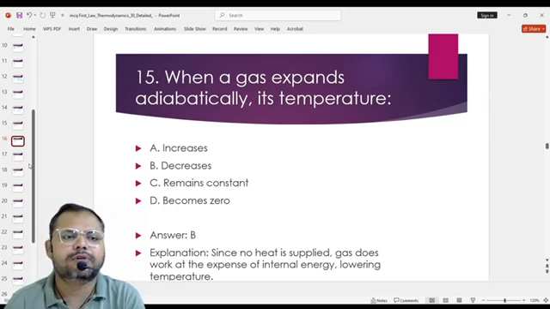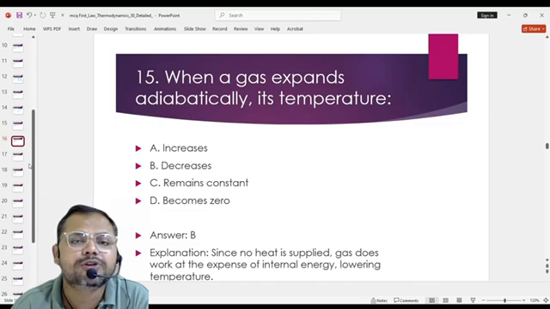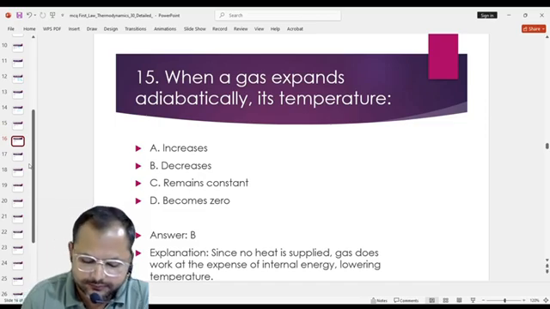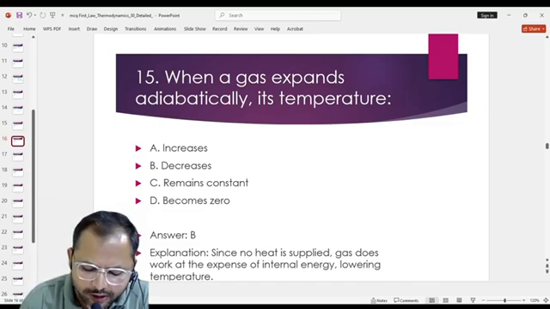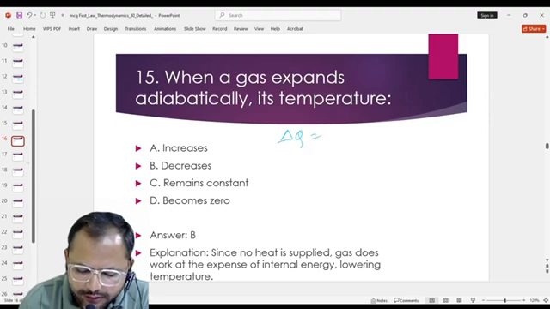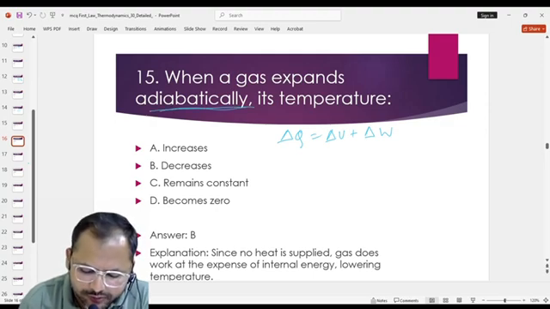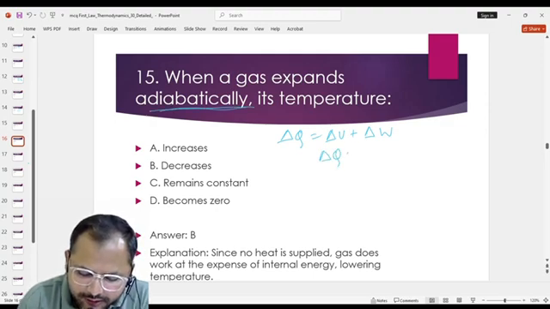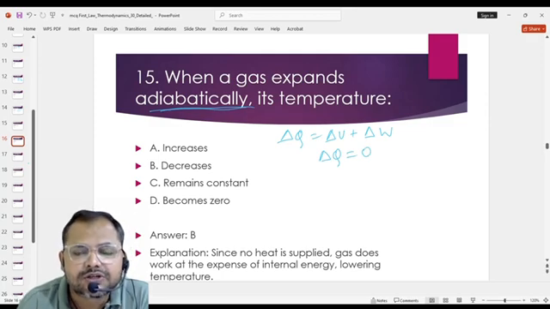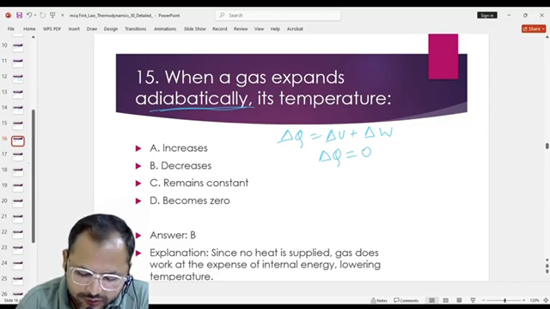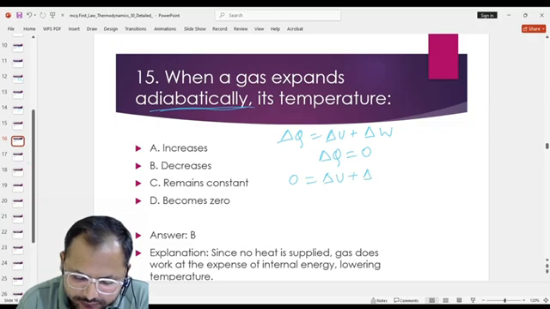We have the first law of thermodynamics: delta Q equals delta U plus delta W. In an adiabatic process, delta Q, the heat transfer between system and surroundings, is zero. So 0 equals delta U plus delta W.